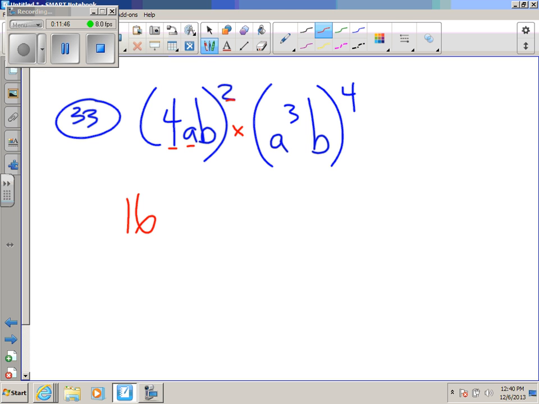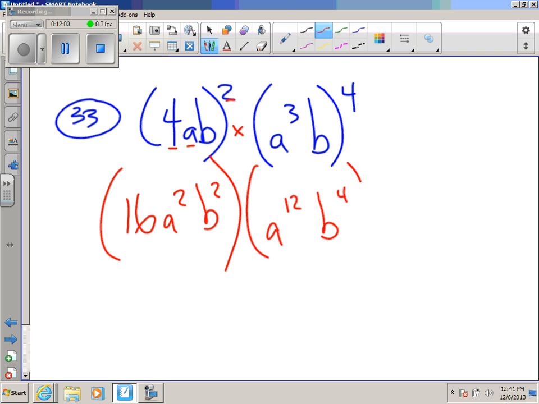A squared b squared. Now that's what I have here. I'm going to multiply that to what I get here, which is a to the 12th, b to the 4th. Now, are there any other powers on the outside of the parentheses anymore?